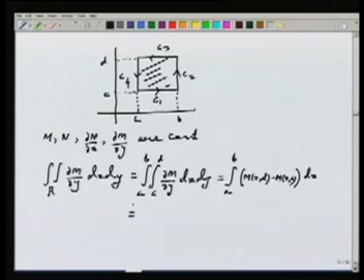If I look at the integral from a to b of M(x, d) dx, this is nothing but the integral over C3 of M dx, but with the reverse direction, so I put a minus sign here because the variation is from b to a now. Then minus, what remains is the integral from a to b of M(x, c) dx.